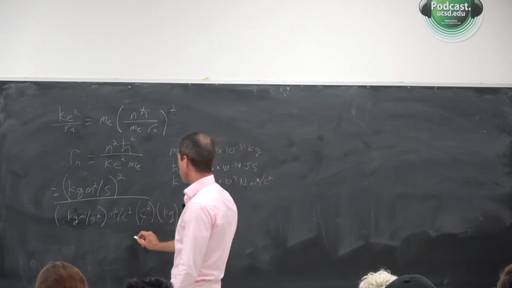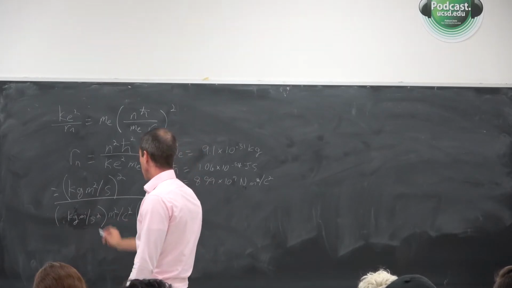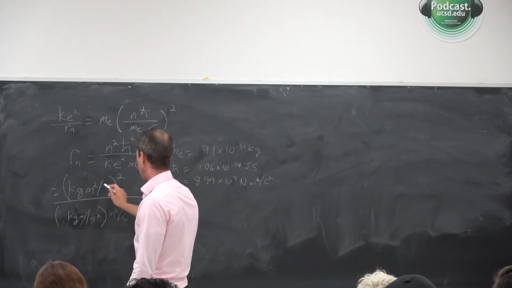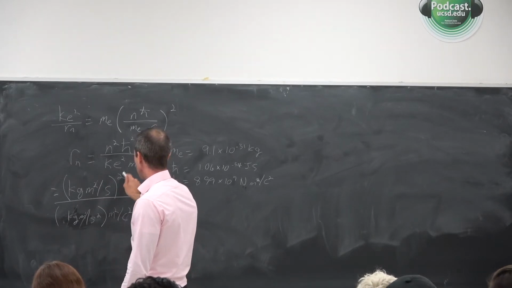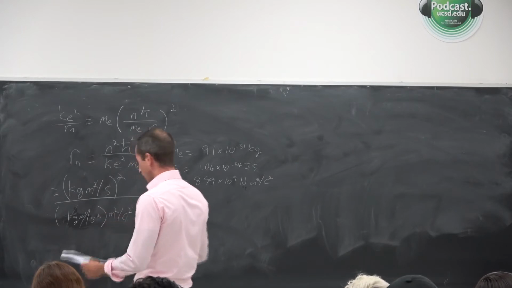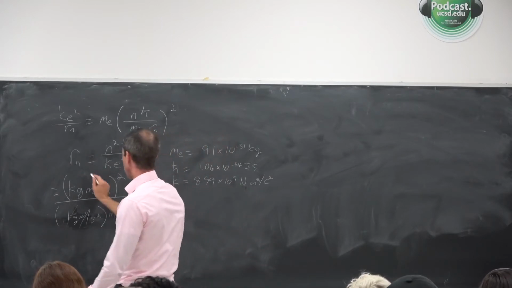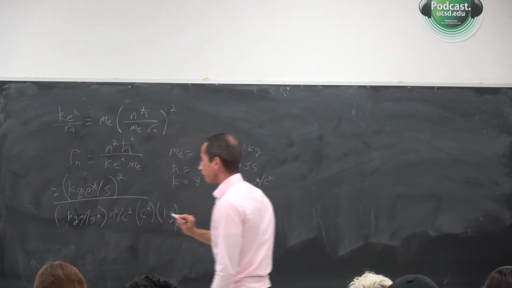So Coulomb squared, kilogram, kilogram, meter, 1 meter, and seconds, seconds. Wait, I've got an extra kilogram. Oh, no, this is kilogram squared. So I got rid of all of my kilograms, and I'm left with only 1 meter.